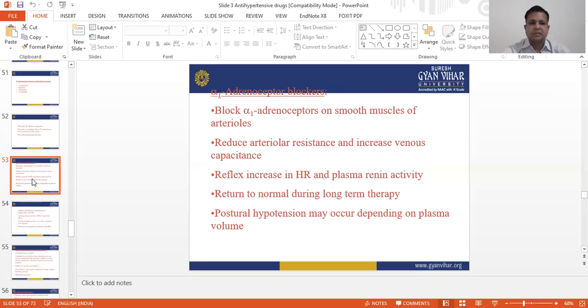It reflexly increases heart rate and plasma renin activity, which return to normal during long-term therapy. Postural hypotension may occur depending on plasma volume.